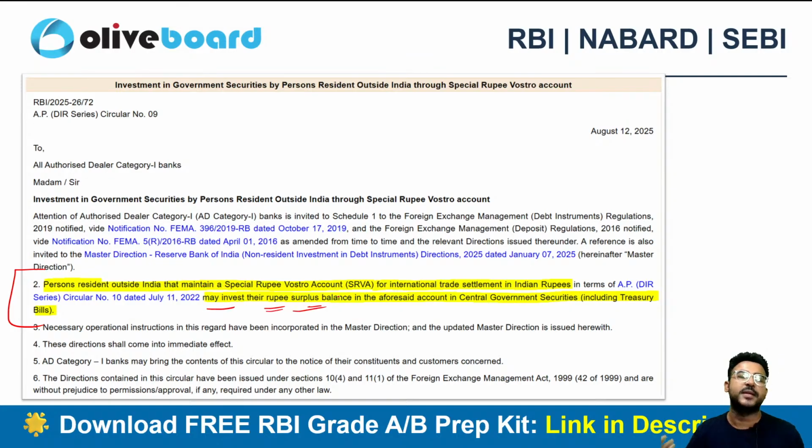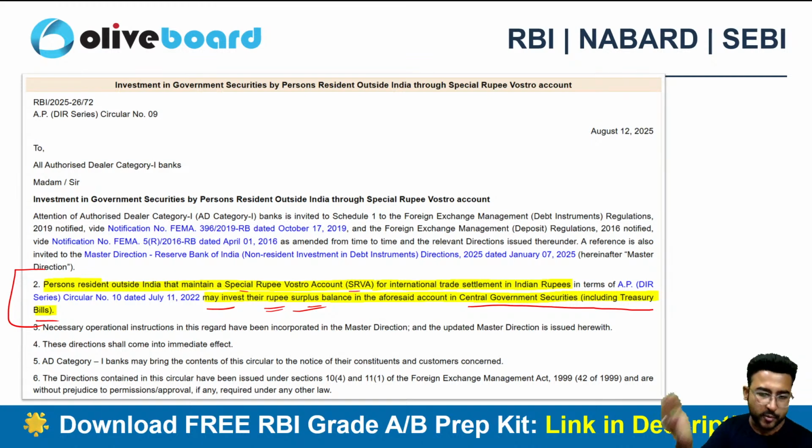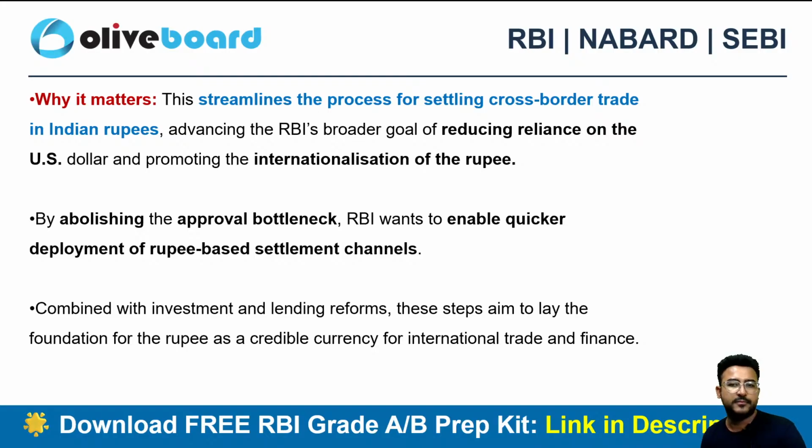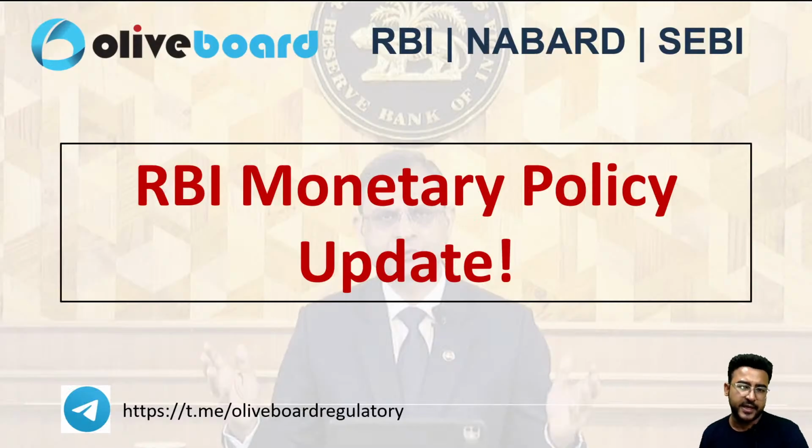If any surplus is there in the SRV account, they can invest this excess in central government securities, including treasury bills, right? So there are two updates. The first is they can open the SRV account without RBI intervention. Plus, whatever excess money they have in such an account, they can invest in central government securities, including T-bills. So this definitely leads to the internationalization of your INR.